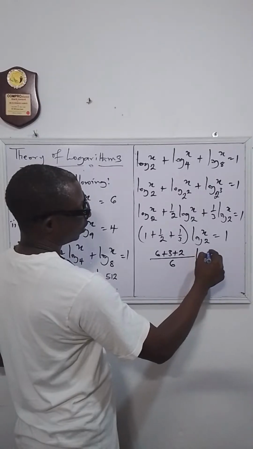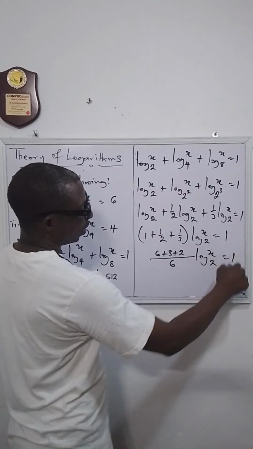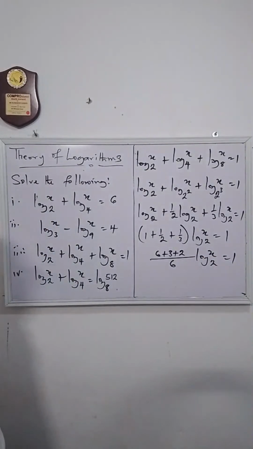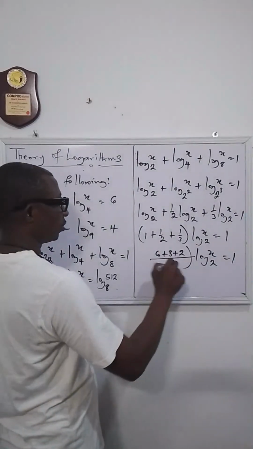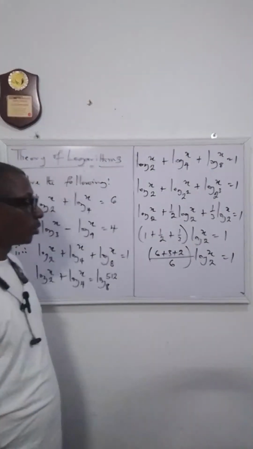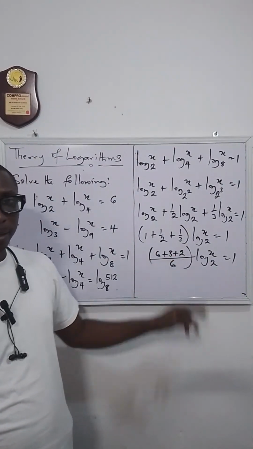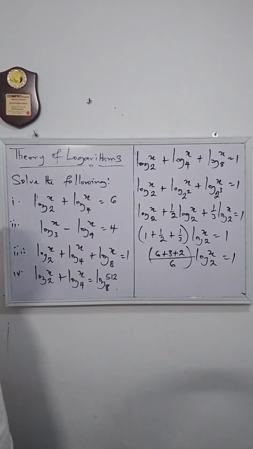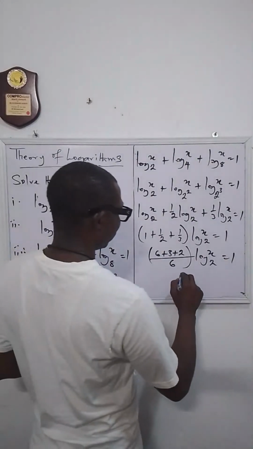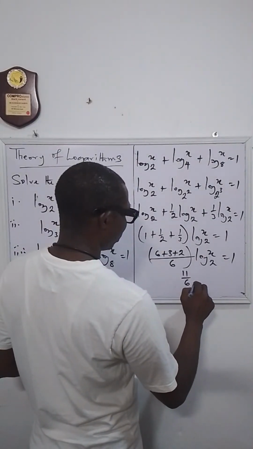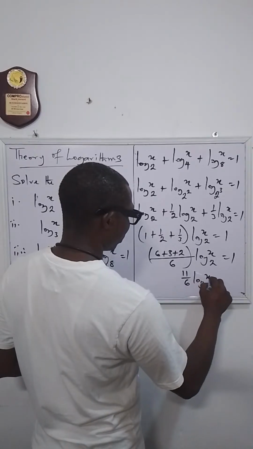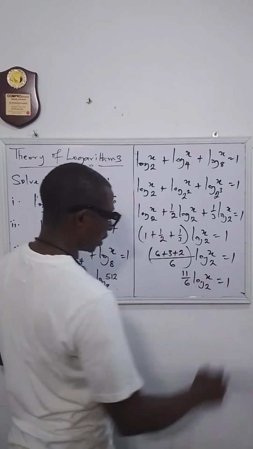Log of x base 2 equals 1. So I hope you understand that. All right, so let this one be in bracket this way. So now can we add everything together? This plus this, that's 9. 9 plus 2, that's 11. So we have 11 over 6 log of x base 2 equals 1.